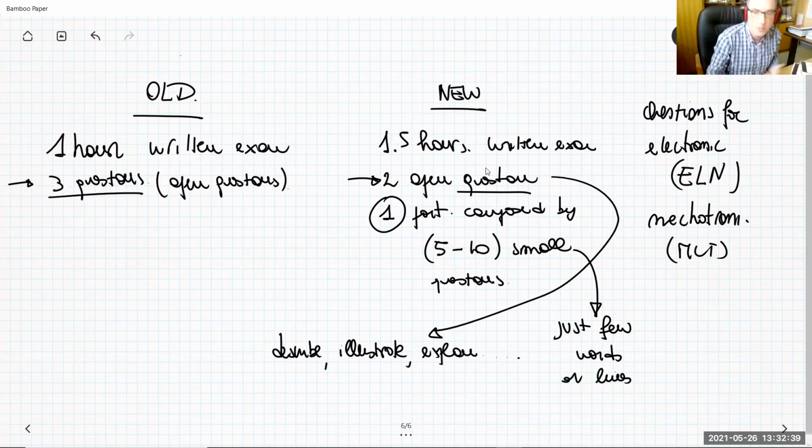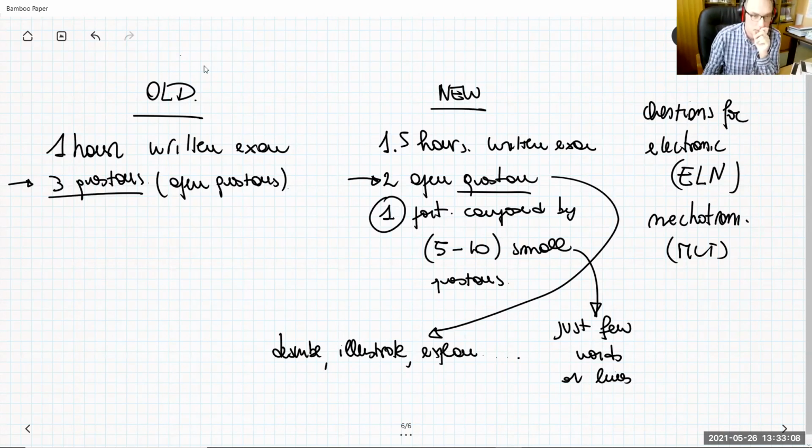And also the two open questions: maybe one can be, maybe none of the two, or maybe one of the two can be just directed at electronic students or mechatronic students. But basically, all of you have to answer 2 open questions and 5 to 10 small questions, okay? Do you have questions about this procedure?